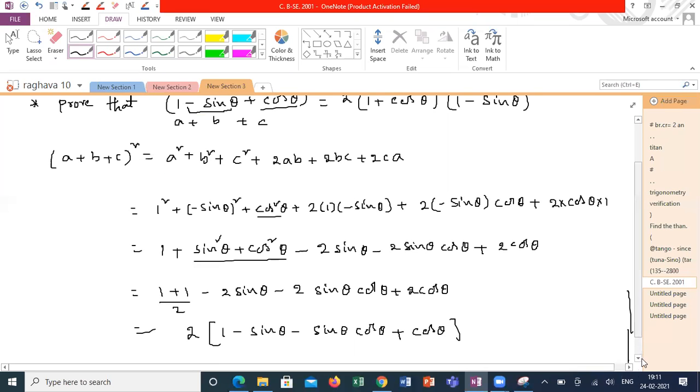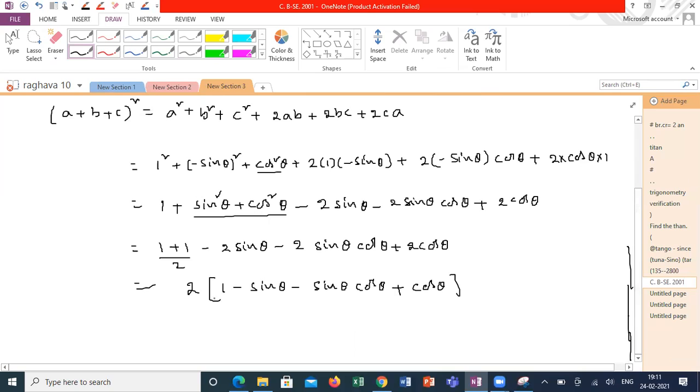See, if you look into the equation, factorization concept is important. This is one term. From here, I am taking cos theta common. Then I'm taking plus cos theta.